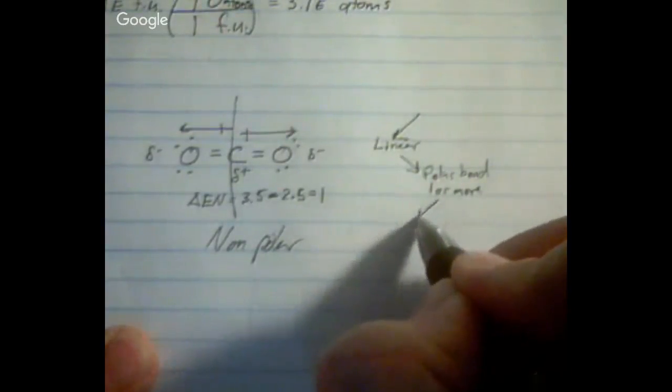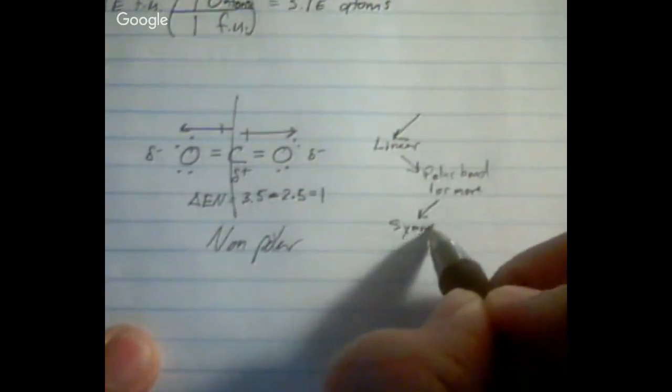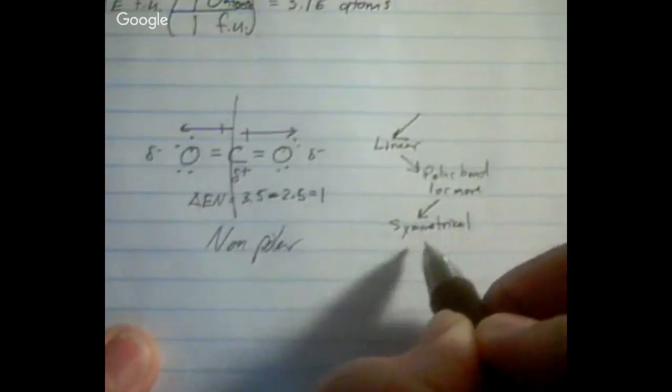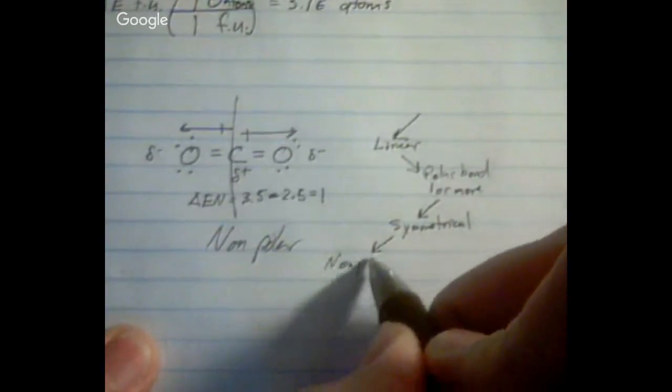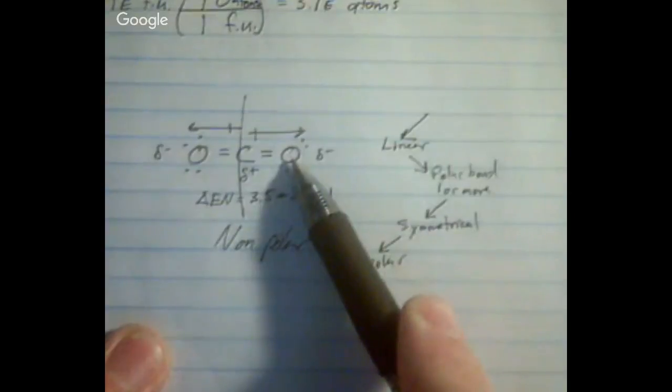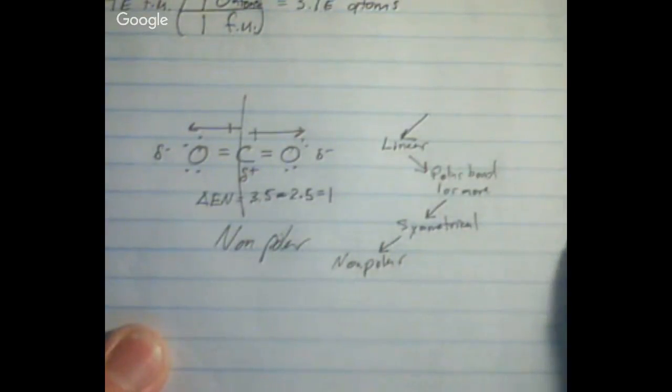And you would go this way, it is symmetrical, which is going to point to nonpolar. But like I said, if this was a sulfur, that would make this not symmetrical. So then you would go this way where it says asymmetrical, and that would take you to polar, where they wouldn't equally cancel each other out.